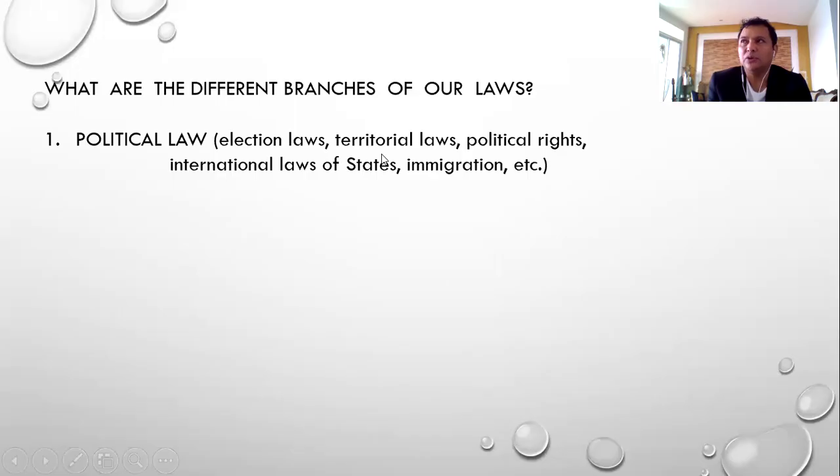Territorial laws define our territory from north to south or east to west. Also international laws of the states, immigration, and citizenship. So if you are wondering what your citizenship is, you have to refer to political law.